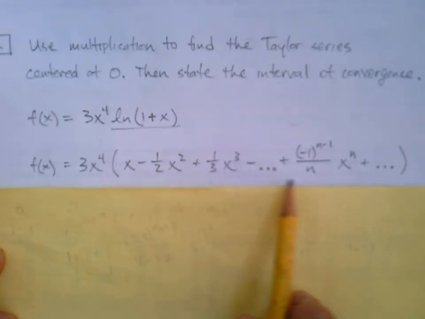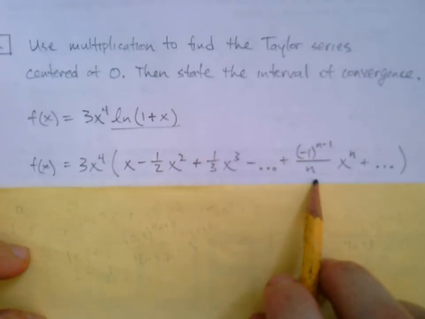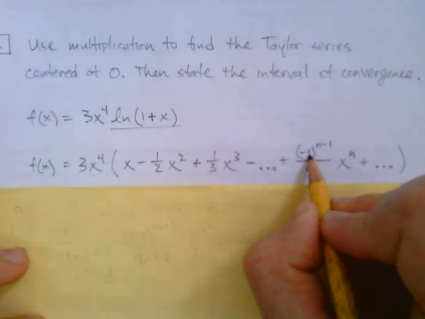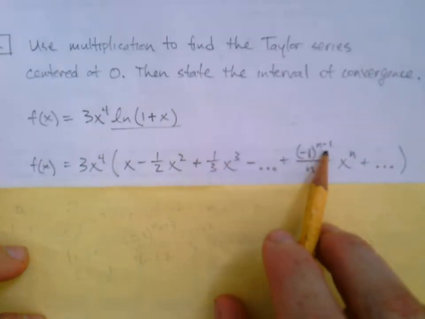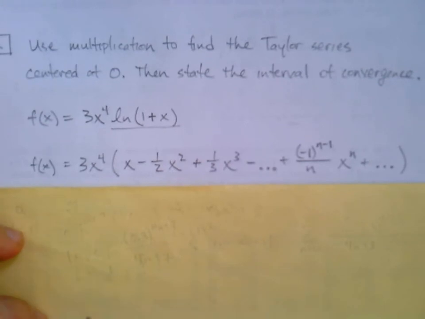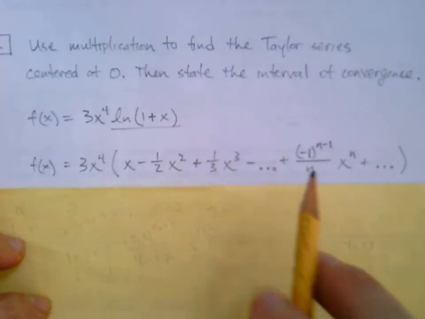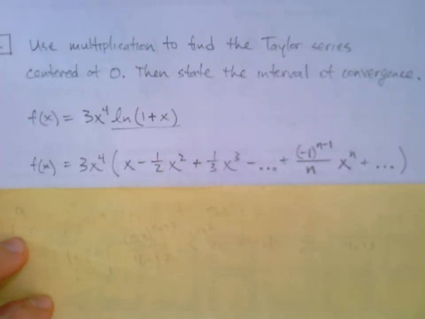Here's our expansion for natural log 1 plus x. x minus 1/2 x squared plus 1/3 x to the third minus, and we've got the nth term. You notice they're going between positive, negative, positive, negative. Negative 1 raised to the n minus 1, in this case over n, and then times x to the n, plus dot, dot, dot.